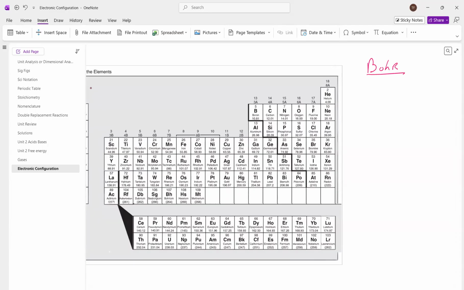Bohr, remember, was the physicist that came up with the idea of the electrons being like a solar system inside the atom, with the nucleus in the middle and the electrons revolving around the nucleus. Now, there are some issues with that model, and that's why we came to the quantum mechanical model.